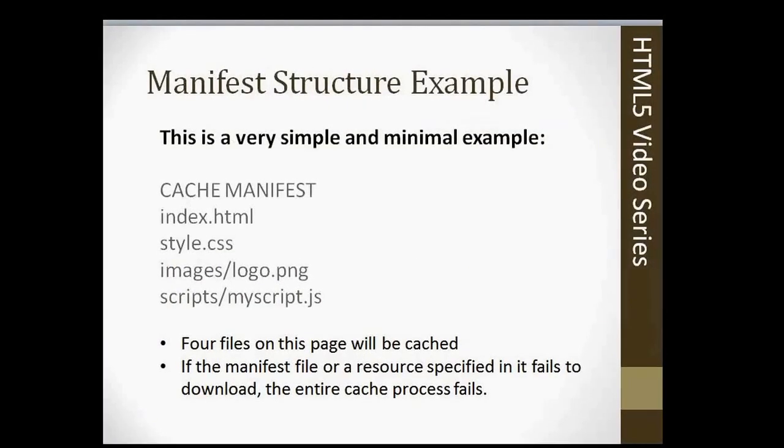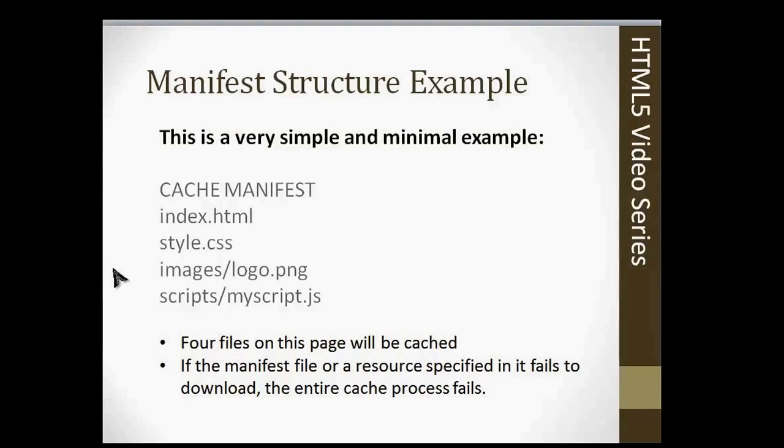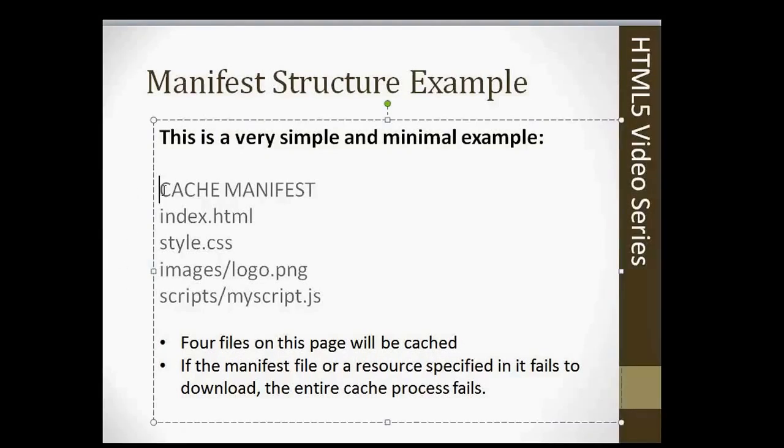The manifest structure can be very, very simple like this, or it can be very complicated with multiple parts to it. But this is the minimum of what you would need. This right here, this CACHE MANIFEST, is required.